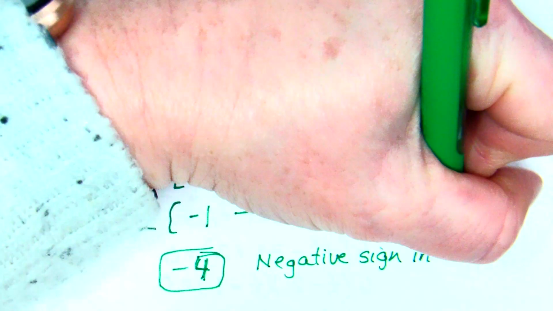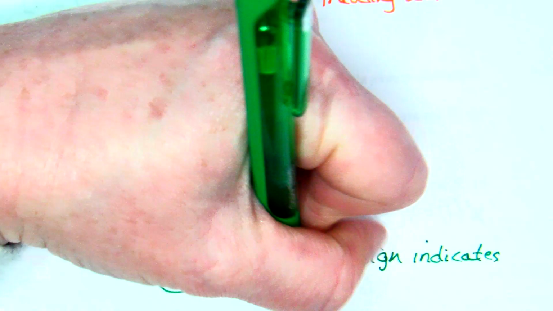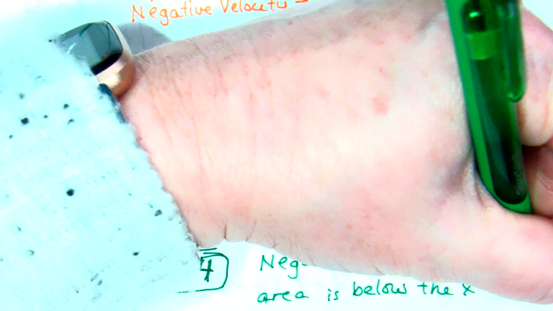So negative sign indicates area is below the x-axis. So particle moved 4 units left.